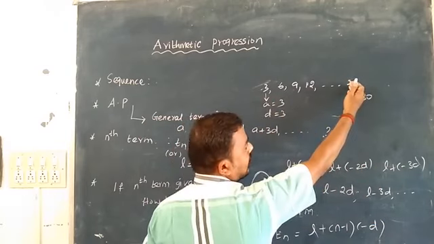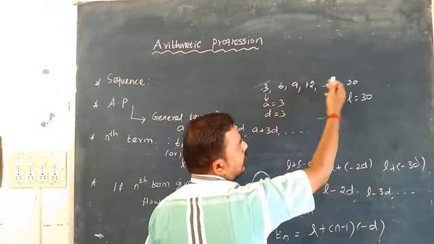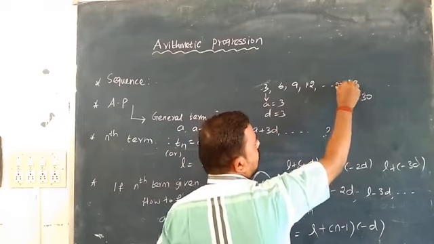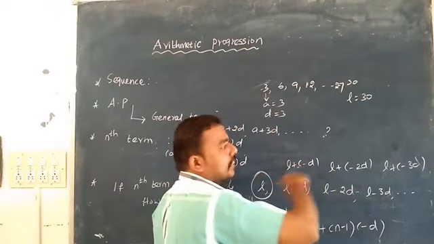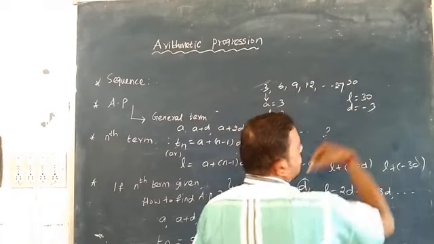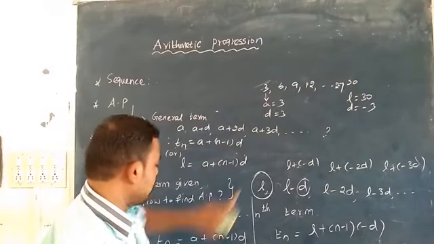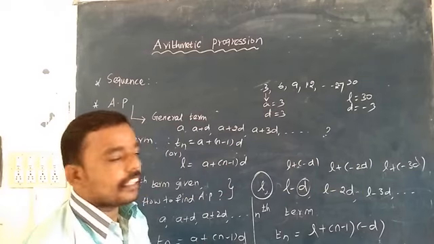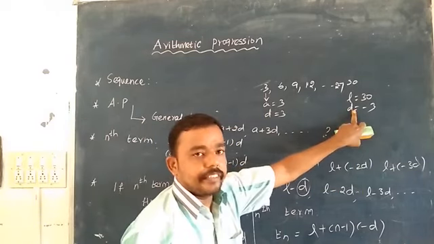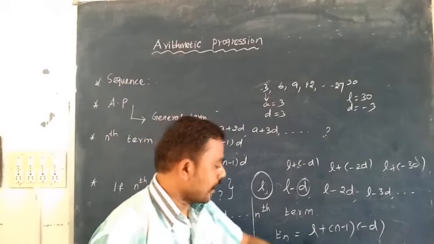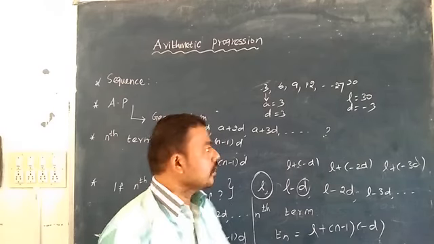Here we need to find from the last term. So 30, the previous term is definitely 27, that means we are decreasing now. So d equal to minus 3, that's all. If we need to find from this end, use a plus n minus 1 into d. From the last end, use l minus n minus 1 into d, that's all.